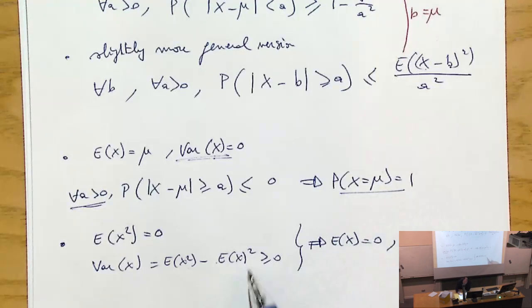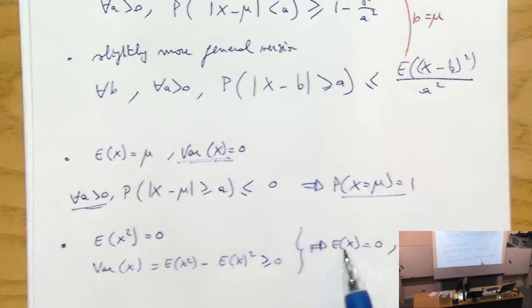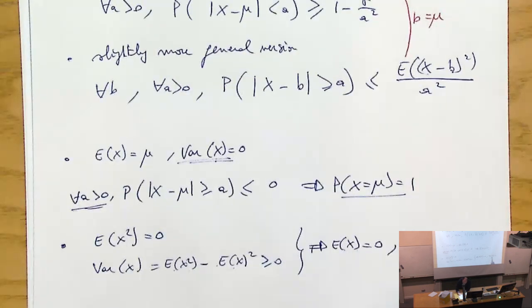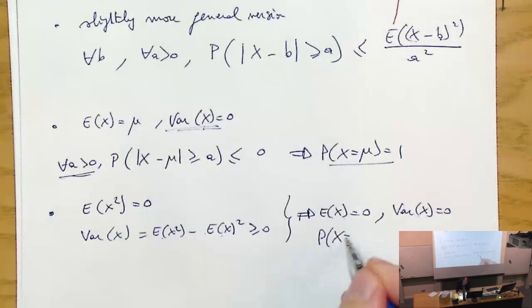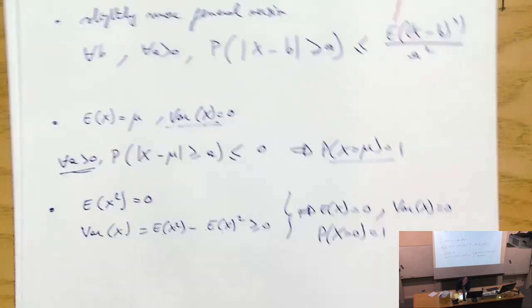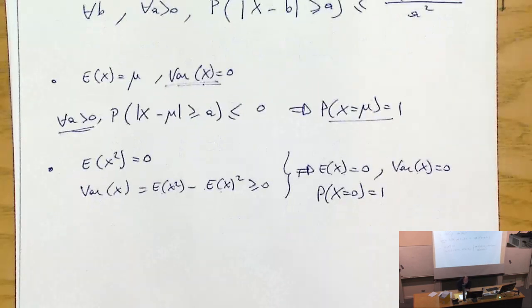And that means that because this is equal to 0 and this is equal to 0, the variance of x is equal to 0. And so if mu is equal to 0 and the variance is equal to 0, from here you can say that the probability of x equal to 0 is equal to 1. Right? So in that case, that random variable x is actually, with probability 1, equal to 0.